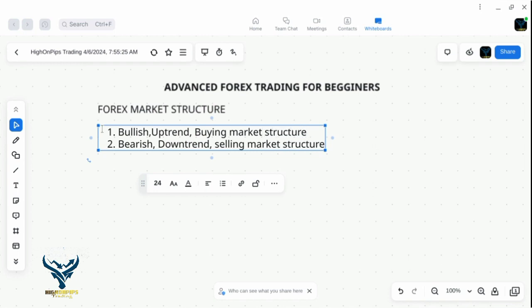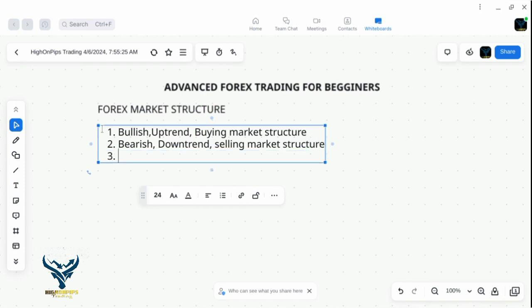Okay, so our last one is the consolidating market. Consolidation, ranging, or sideways, or which other name?